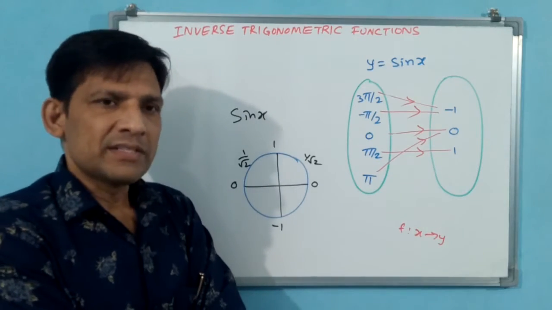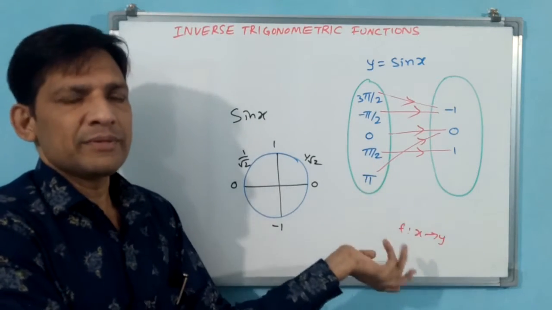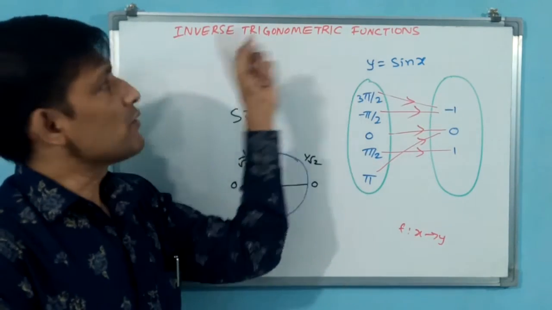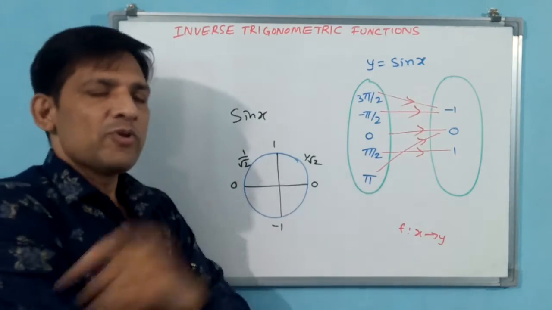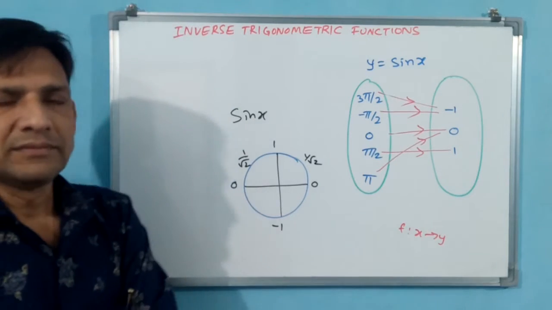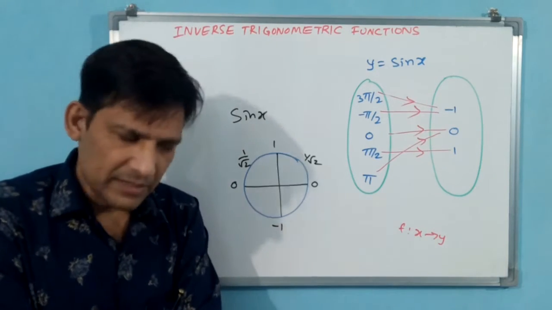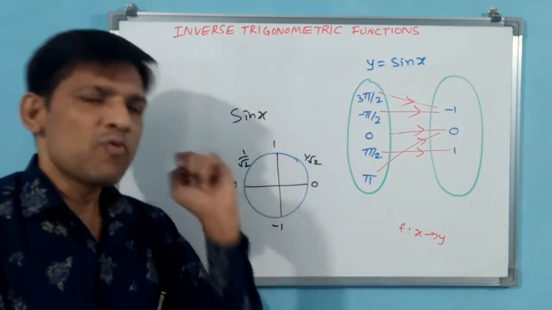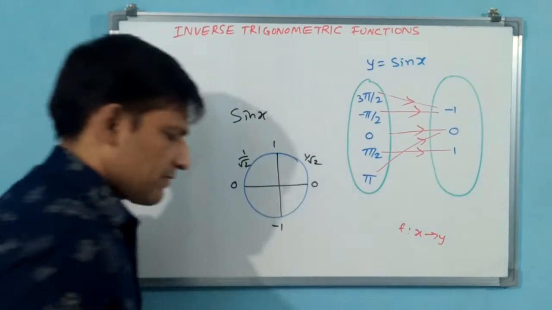See, the trigonometric function is there, but you want its inverse. How to get it? Yes, sir, it should be made one-one and onto. How have we made it? First, you understand.